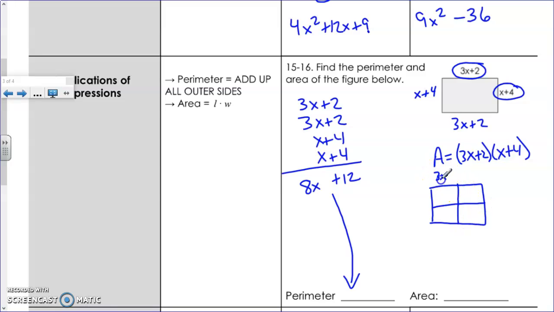We get 3x plus 2, x plus 4. x times 3x is 3x squared. x times 2 is 2x. 12x, 8. So I get 3x squared. These two are like terms. So that gives me 14x plus 8. And that is my area. Okay.